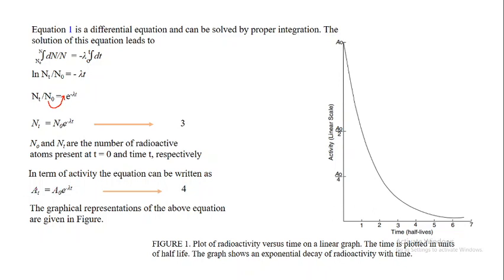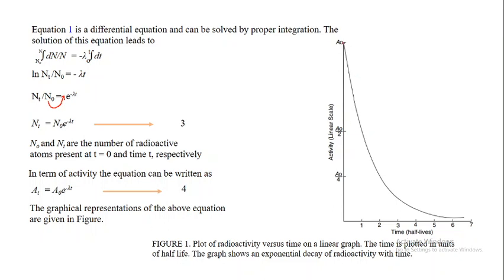But at time t most of the radionuclides have disintegrated into daughter nuclide and emitted radiation. So activity is directly related to how much radionuclide has disintegrated into daughter nuclide. This equation can be replaced by the equation in terms of activity. The graphical representation of the above equation is given in the figure.